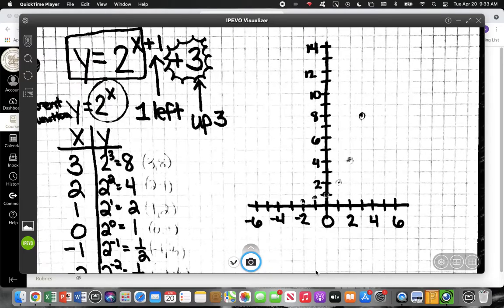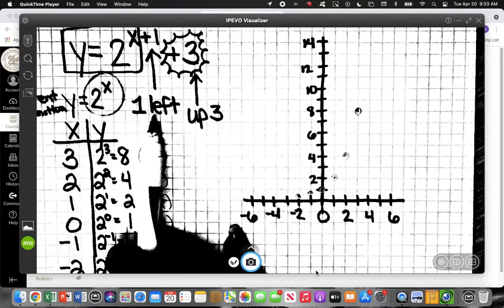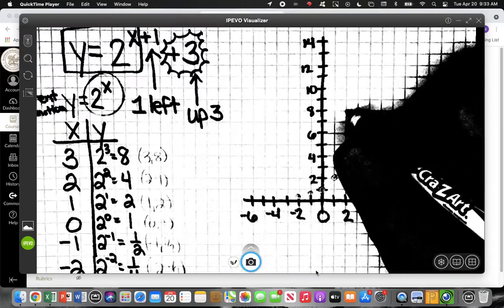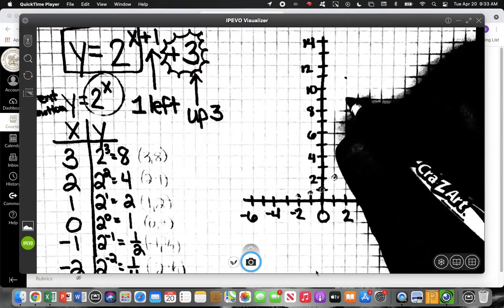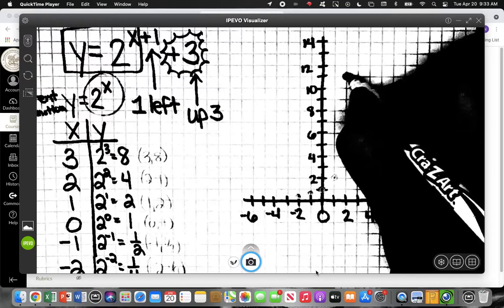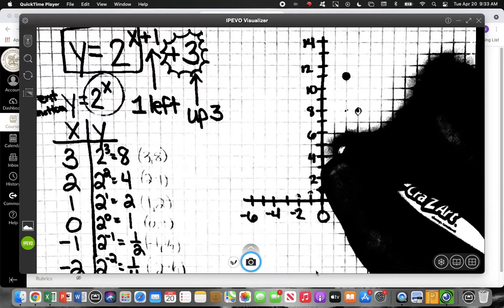Every single point that we have graphed, to get the actual graph we're looking for, we are going to start from that point, and every single one we are going to go left 1, up 3. So this first point, left 1, up 3, and there we go. The second one, left 1, up 3.